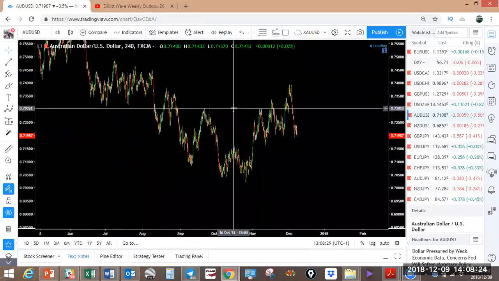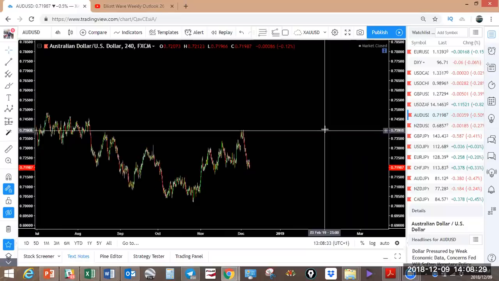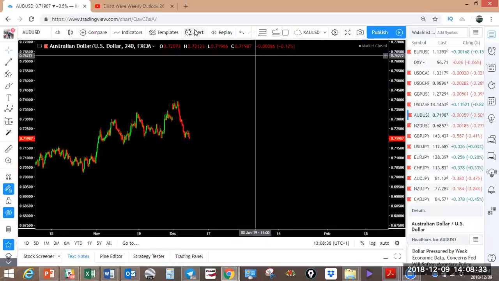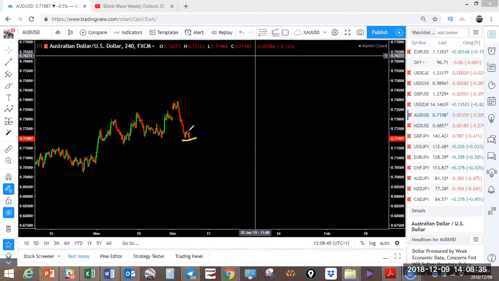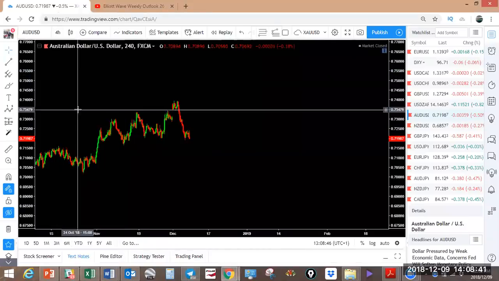Okay, interesting that Audi and gold are currently not correlated, but that's okay. We'll update. So for the next session, when this breaks out of here, it's coming down. Let's go for 1 hour just to see what is happening with the structure.